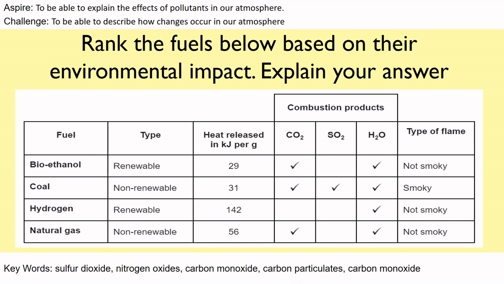CO2 is the symbol for carbon dioxide. SO2 is the symbol for sulphur dioxide. H2O is water. And the type of flame, if it is a smoky flame, that implies carbon particulates. So I'm going to give you some time, have a go at answering this question, and then we'll go through some answers.